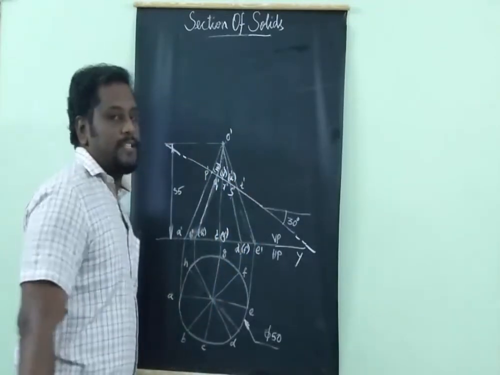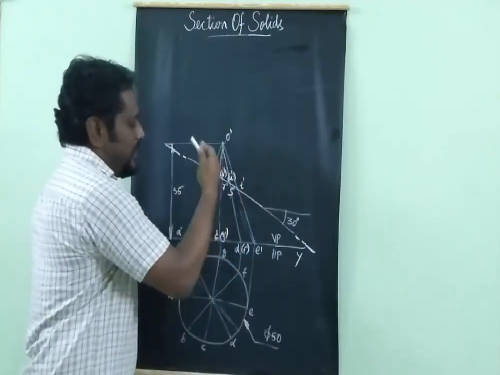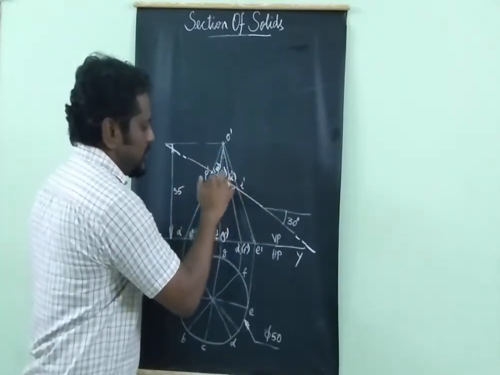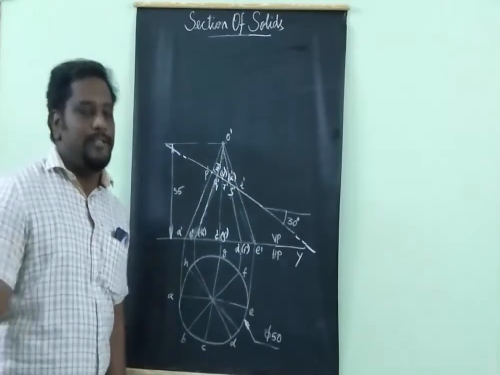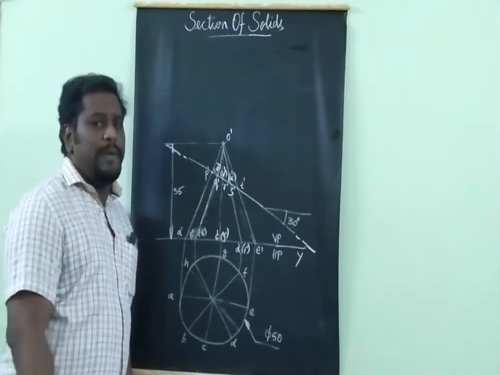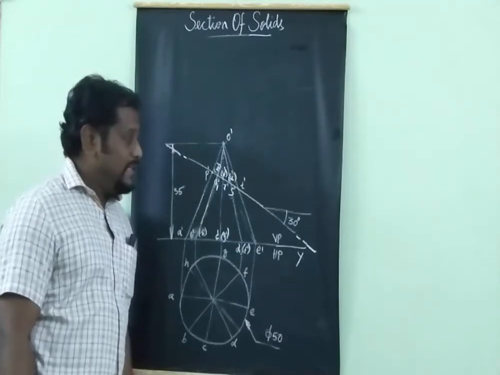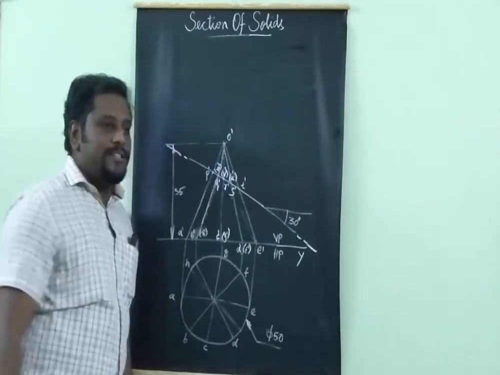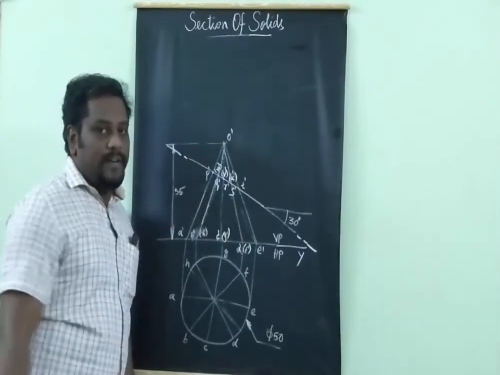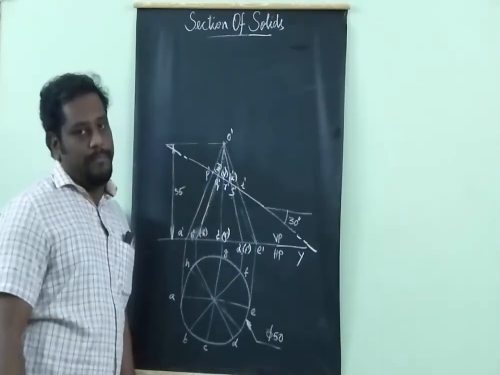From the reverse direction you mark T, U, V, W. So there are 1, 2, 3, 4, 5, 6, 7, 8 cutting points. So a tip is, if my cutting plane cuts only the longer edges of a cone, then you will have an ellipse in the true shape, right?